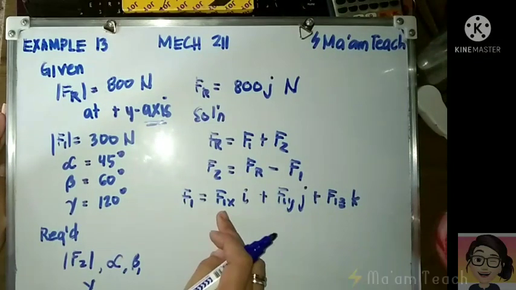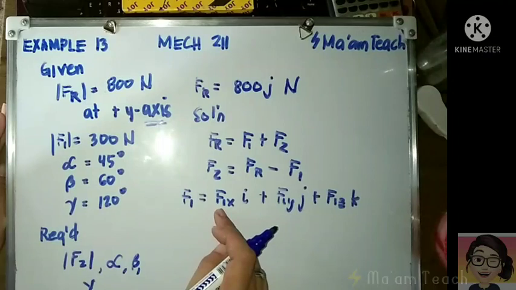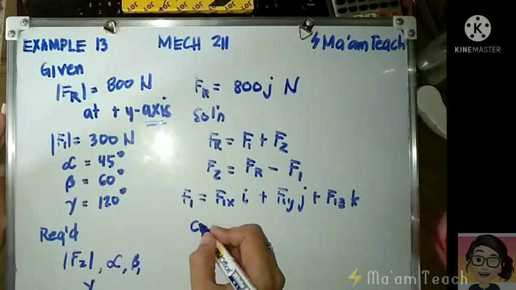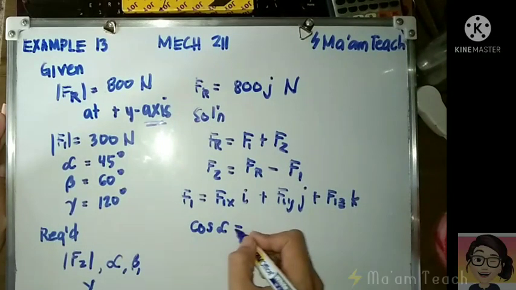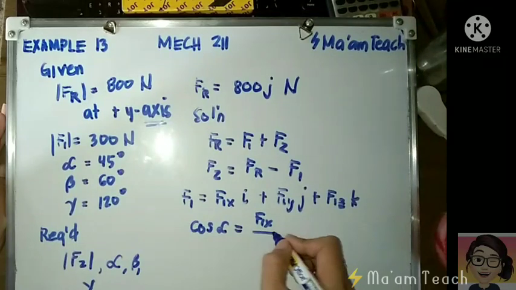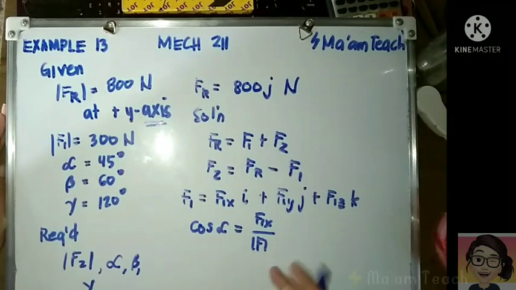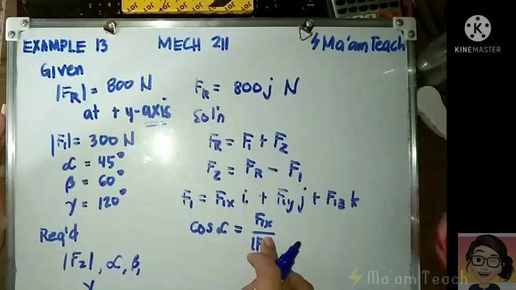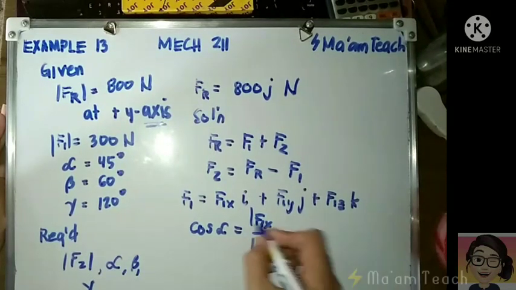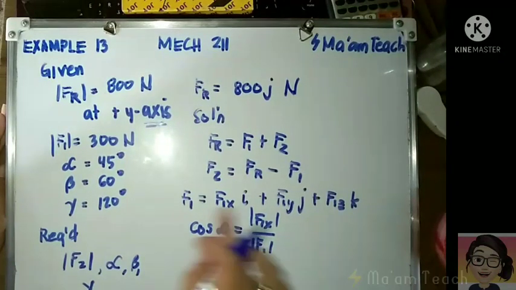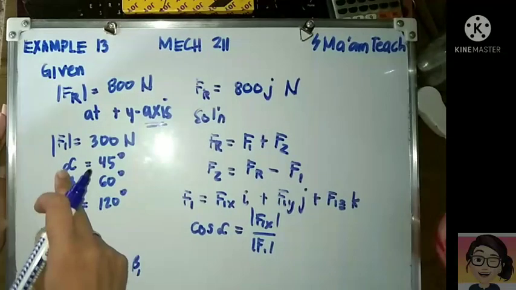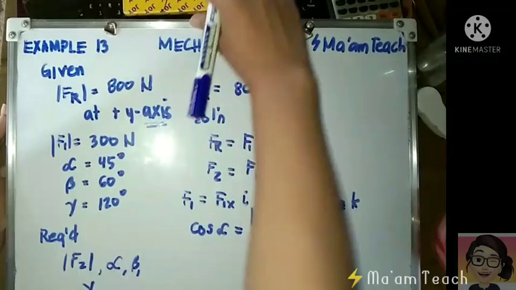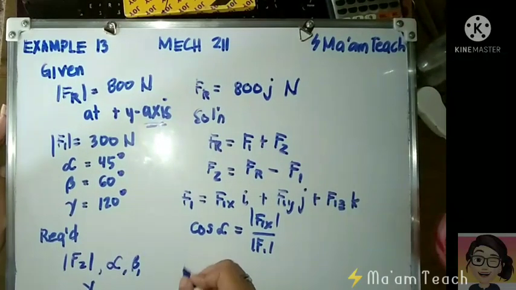Now, recall that you'll be able to solve for the x component using the formula cosine alpha is F1x over your magnitude, so this is your F sub 1. This should be absolute value.